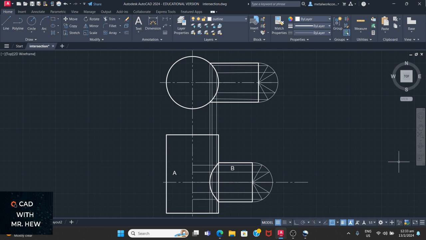Go there, there, there. Enter. And the line of intersection that is formed when pipe B intersects pipe A, the larger pipe, at 90 degrees, this will be the line of intersection that is formed. Are there any questions?